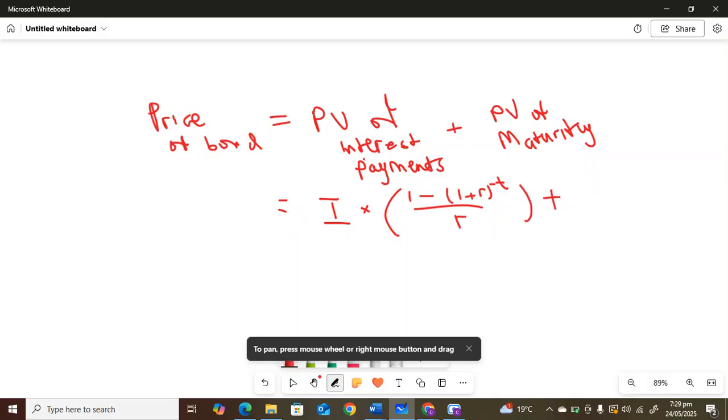This is how we get the present value of the interest payments. It's just the same as the formula for the present value of an ordinary annuity. Then since you're going to be paid the face value one time, plus the present value of the maturity value. The maturity value is just the amount you'll be paid when the bond matures.